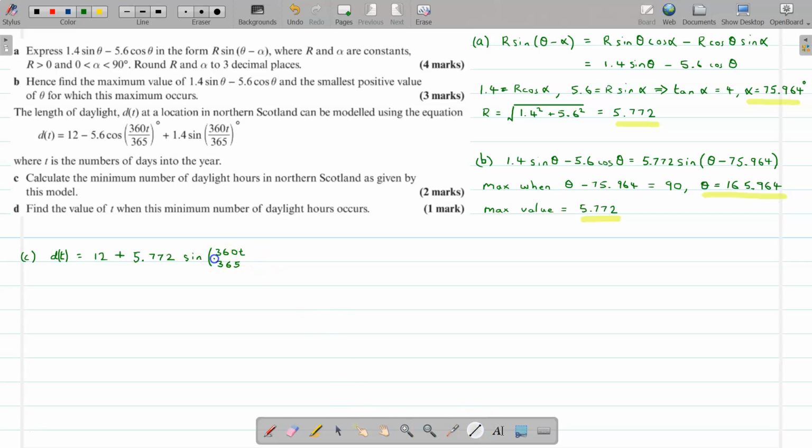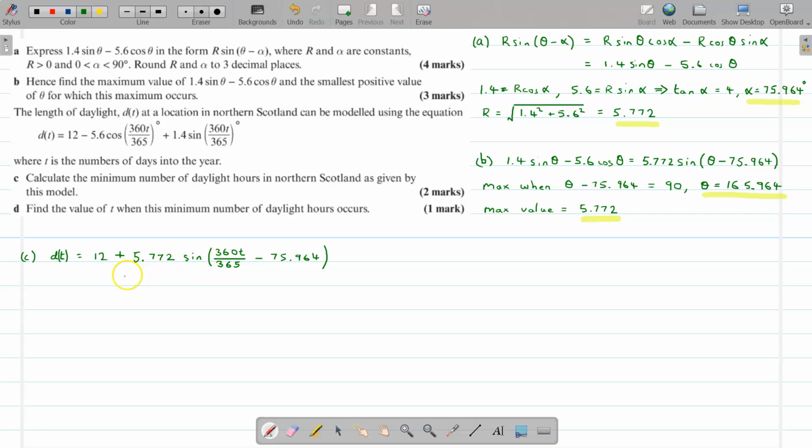And I still have my minus 75.964, which is my alpha. Okay, so that is what I would have written down next, and then I need to calculate the minimum number of daylight hours in northern Scotland given by this model.